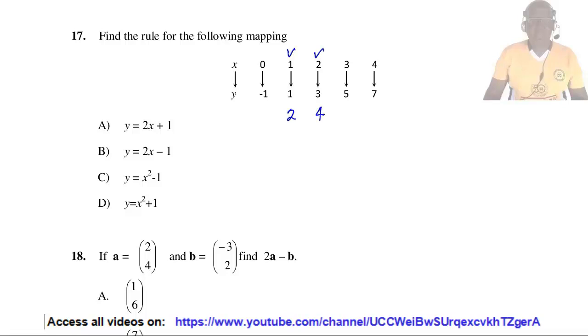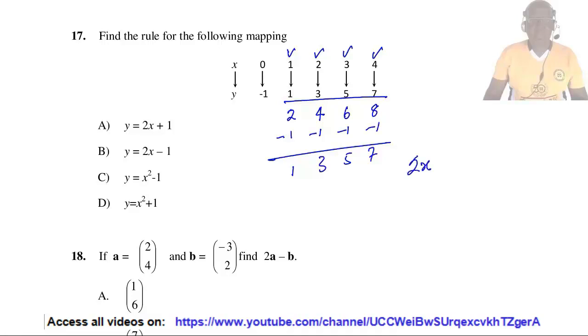When we multiply 2 by 3, 6, and then 2 by 4, 8. And when we subtract 1 from each of them, we get 1, 3, 5, 7, which is equivalent to the series over here. So the mapping is multiplying S by 2 and then subtracting 1, which equals Y. So the answer is B.